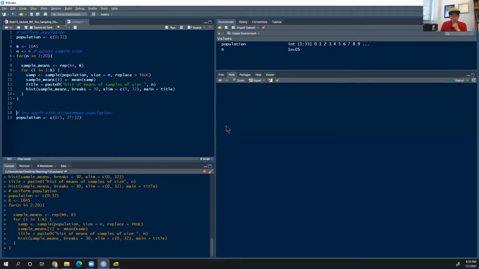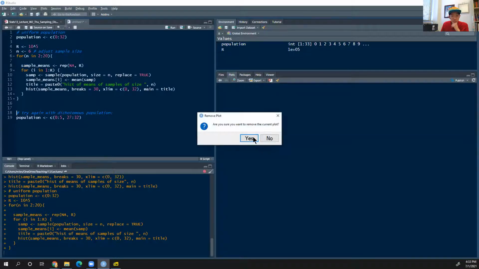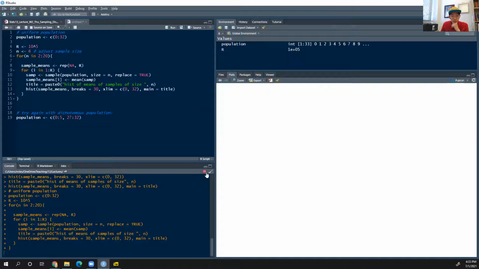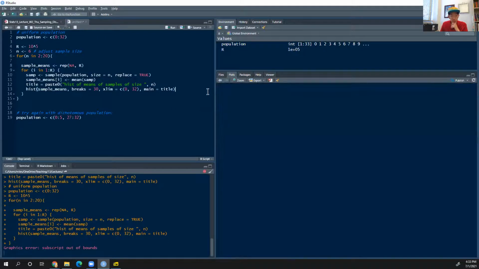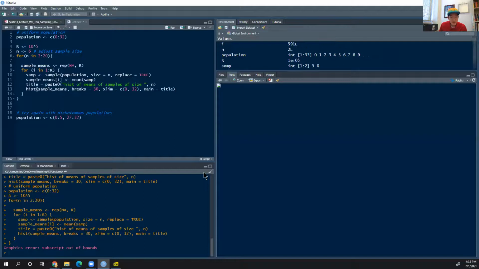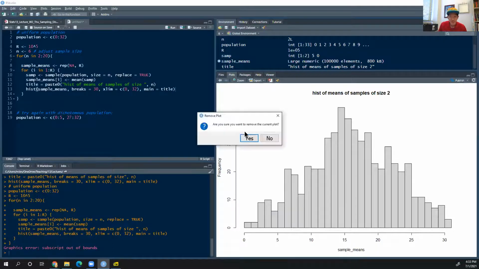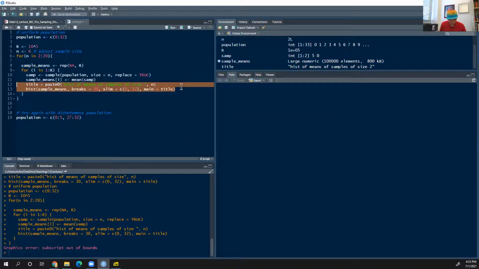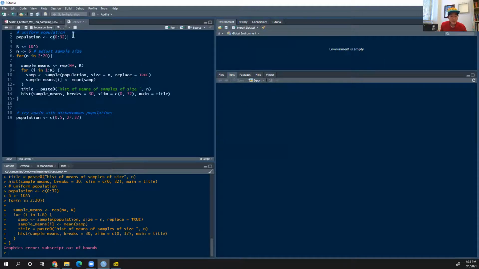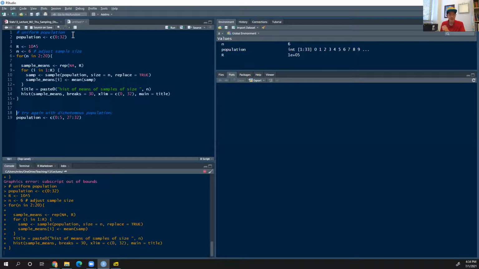Okay, I might have broken something here. I did this wrong. I put this in the wrong part of the loop. Okay, this will work now. Let's wipe everything out, clear everything. Okay, sorry. Here we go, I think.